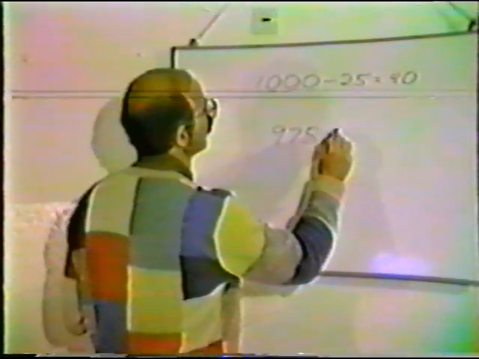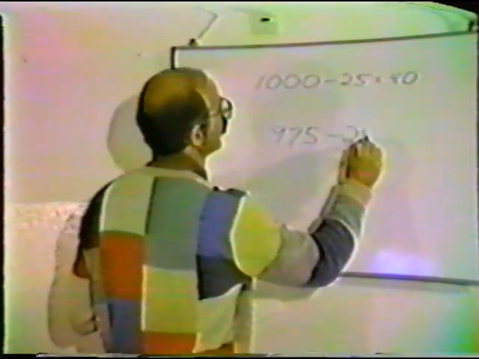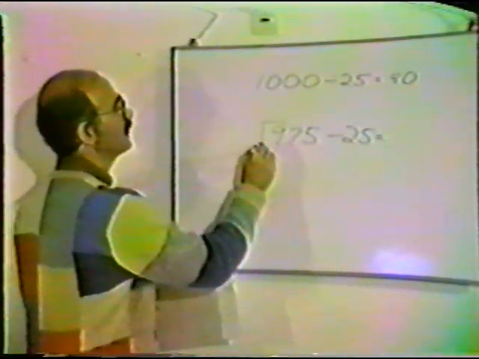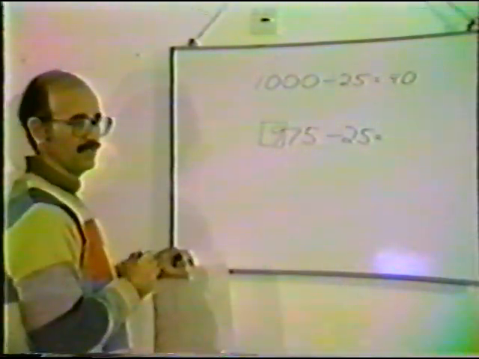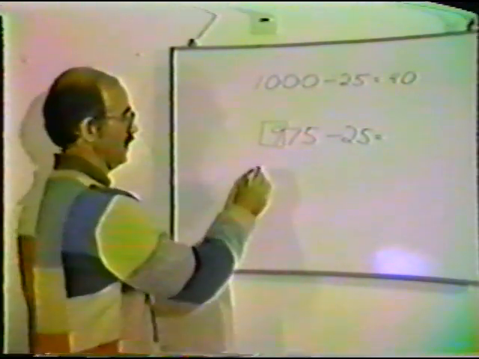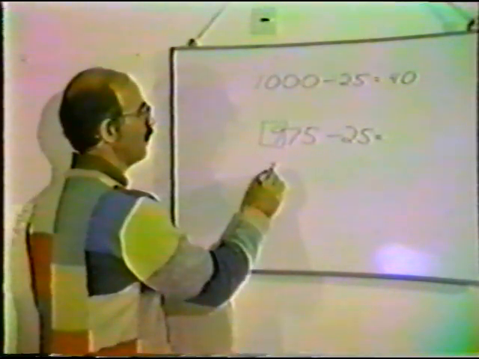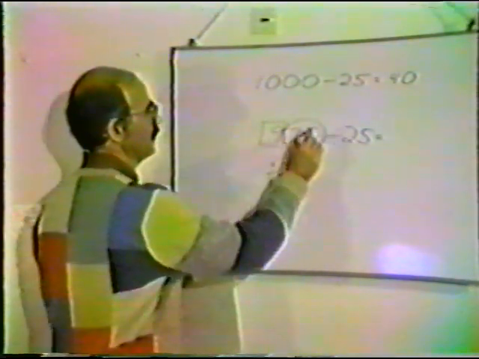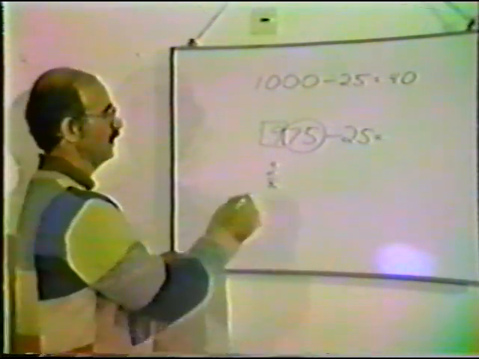975 divided by 25. How many 25s in 900? 36. 9 times 4 is 36. And how many in the 75? 3.